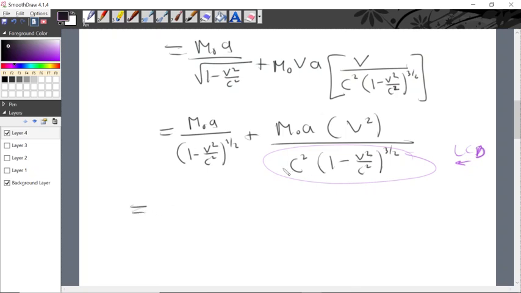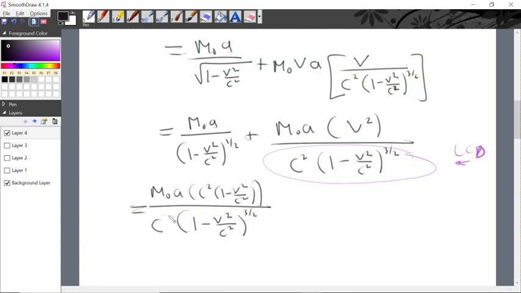So on this first one, we're going to want to multiply top and bottom by what? c squared times 1 minus v squared over c squared. All right, so we have on top m naught a times c squared times 1 minus v squared over c squared. Because if we multiply 1 minus v squared over c squared times the denominator here, we would get 1 minus v squared over c squared to the 3/2.